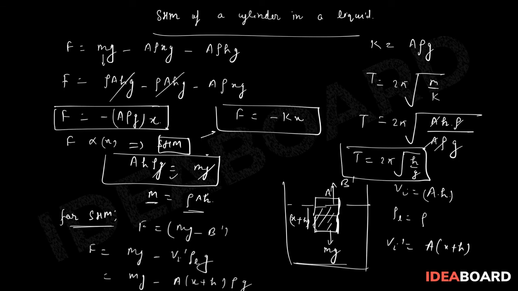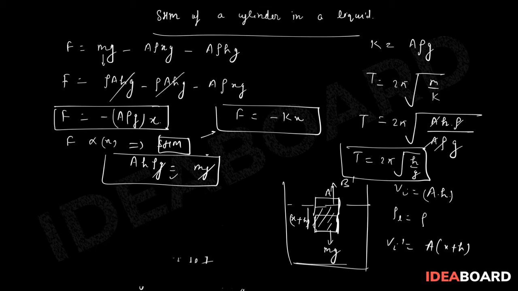And as well, we can also find a separate answer. How? Because this mass can also be obtained from the volume times density, so we can write V into d. This d is the density of the block. If we know the density of the block, then it can be obtained.